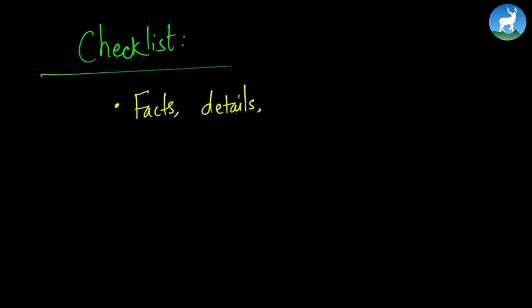So here's a checklist to all the information that you should be using. The first is, you need to include facts, you need to include details. Google is always there to help you. You need to include reasons, you need to include examples.